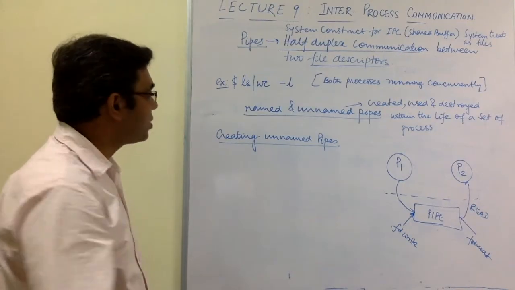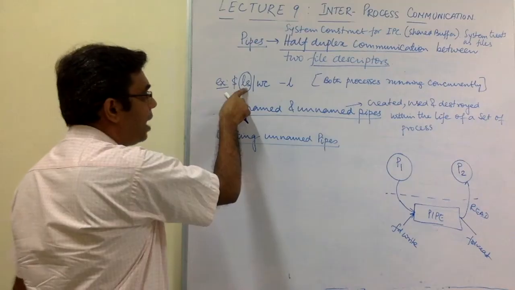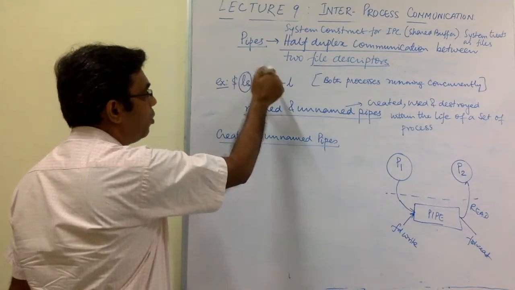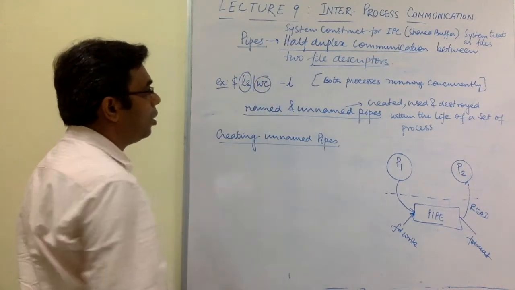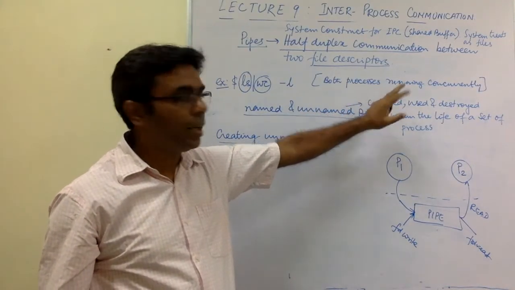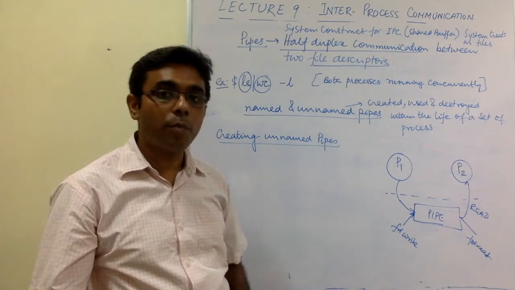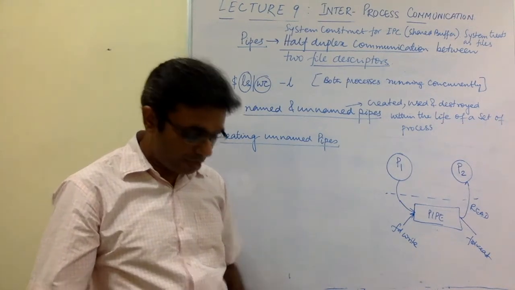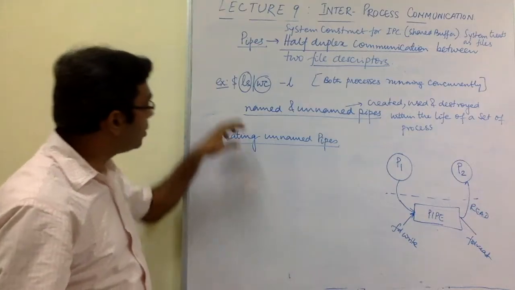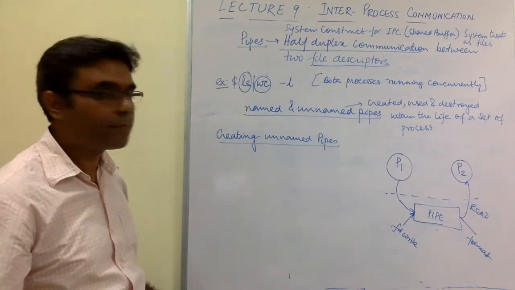So you can treat this as a program whose standard output is fed as an input to this program. Both processes are running concurrently. It's not that one stops and the other runs; both are running concurrently, except that the stdout of this is provided as stdin for the next process.